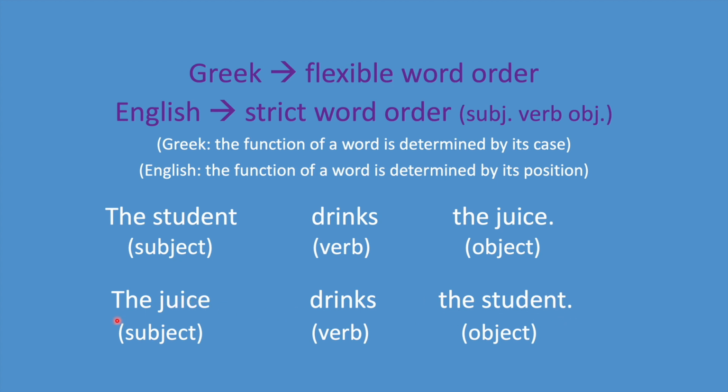And we have the juice drinks the student. In this particular case, this doesn't make any sense. In another example, it might make sense, but the meaning would change. For example, if we had the student greets the teacher. If we switched the student and the teacher, the teacher greets the student, it would still make sense, but the meaning would be different.